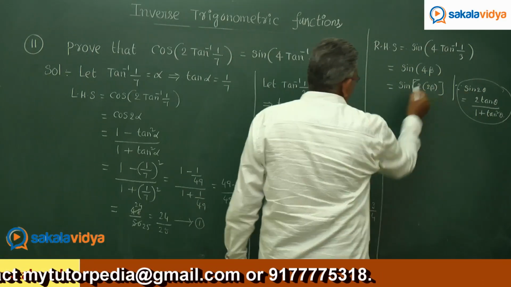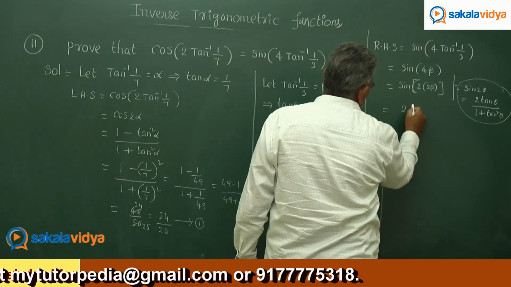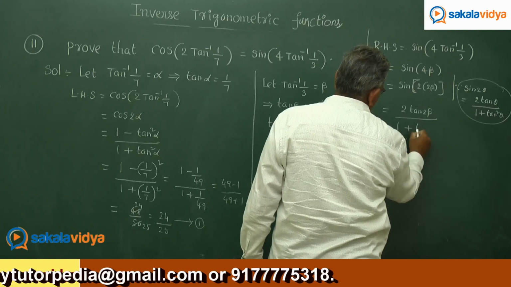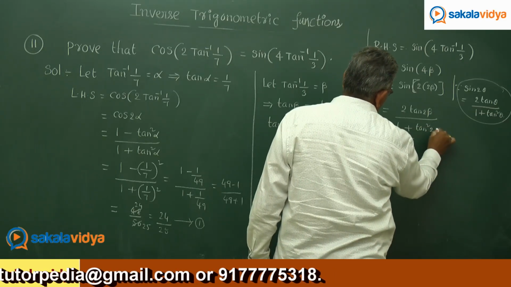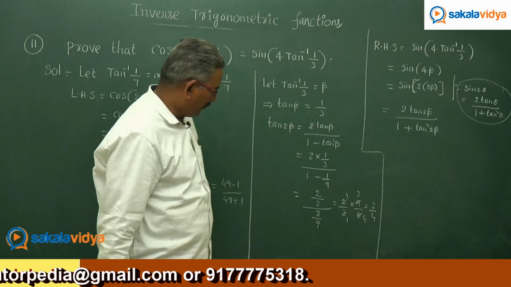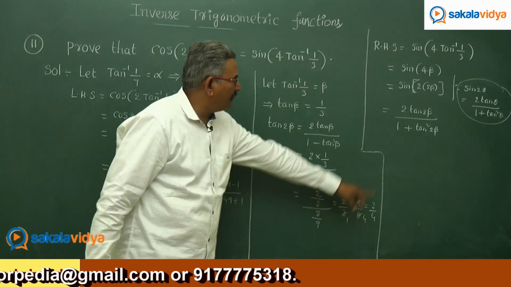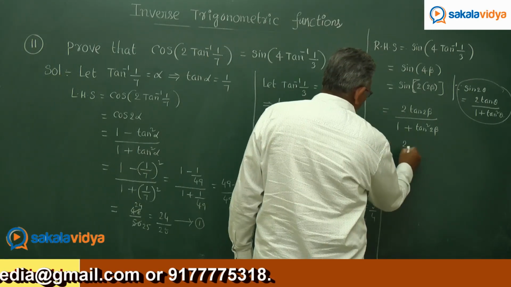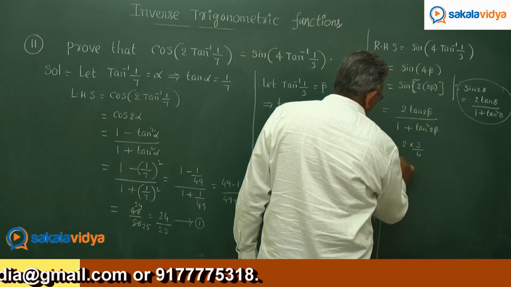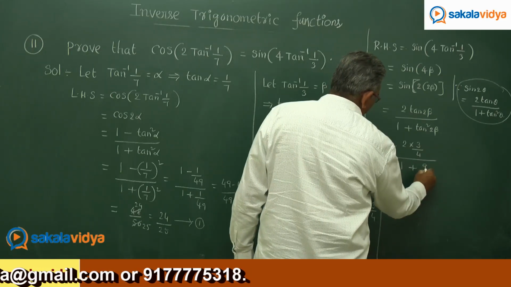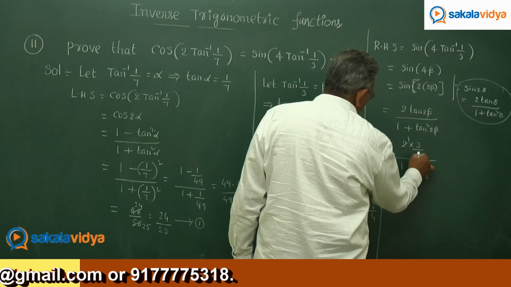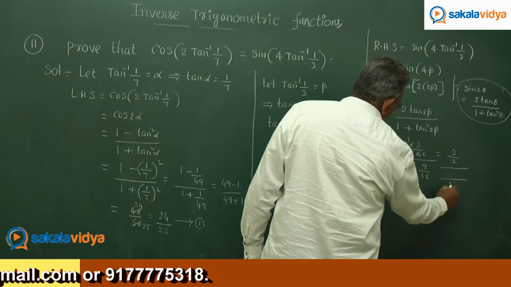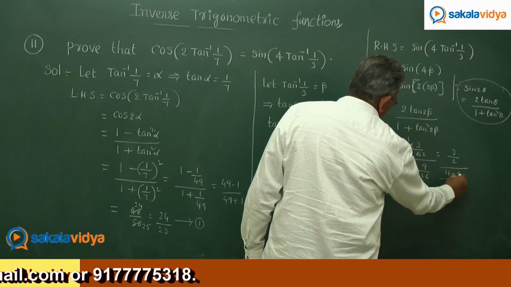So this can be written 2 tan 2 beta by 1 plus tan square 2 beta. Now tan 2 beta value is 3 by 4, that has to be replaced there. So 2 into 3 by 4, 1 plus 3 by 4 whole square is 9 by 16. This will be 3 by 2 by 16 is the LCM, 16 plus 9.